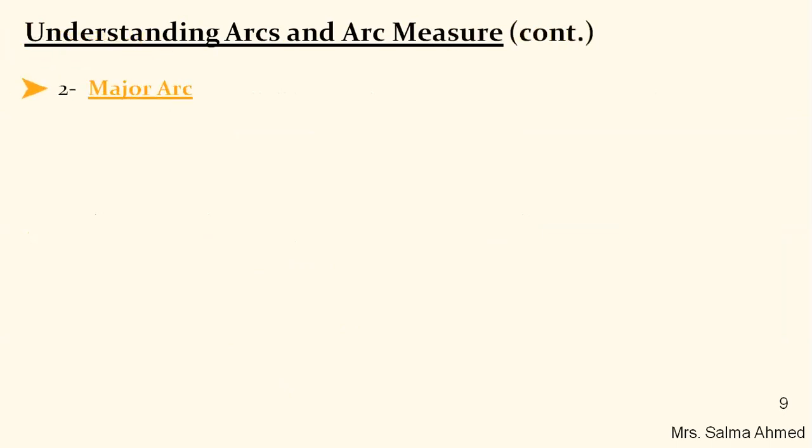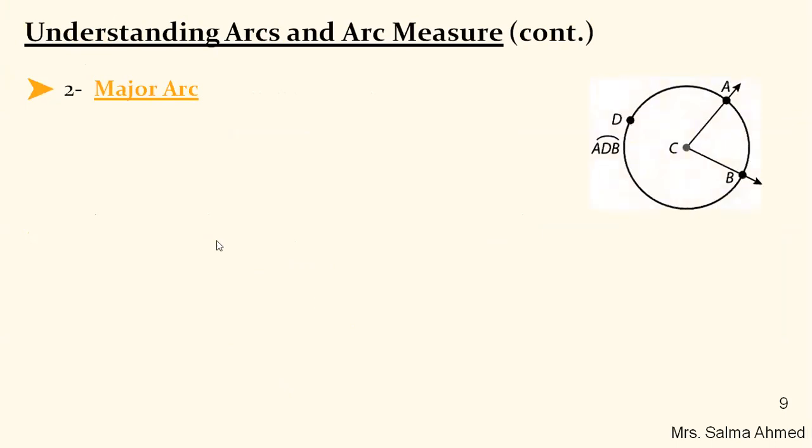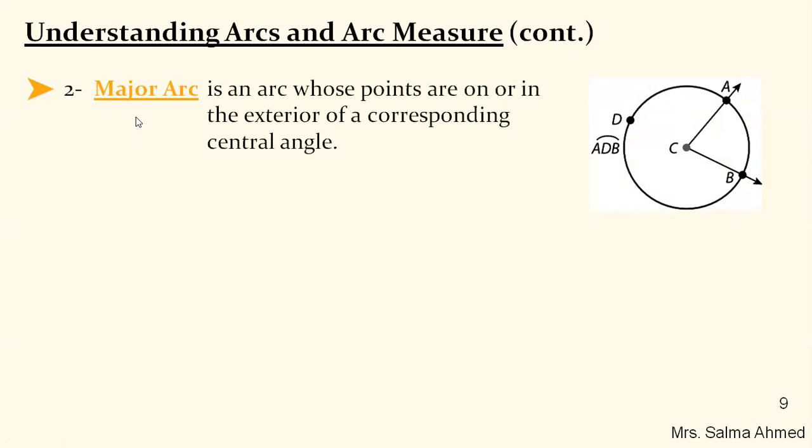Another type of arc is the major arc. From its name, major means the bigger one. It is an arc whose points are on or in the exterior of the corresponding central angle. So I'm talking about all of this arc outside of the central angle.